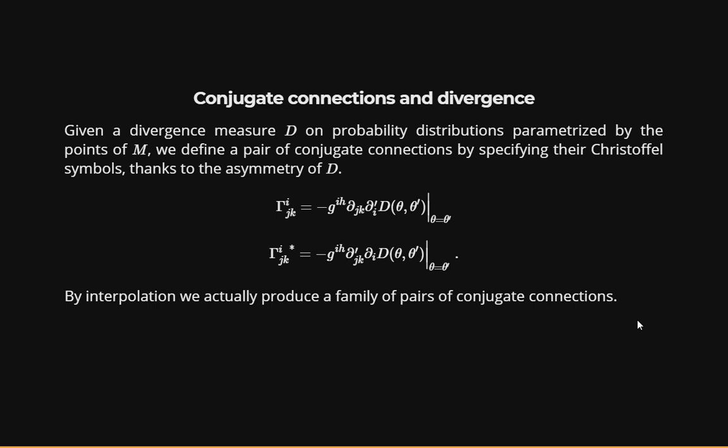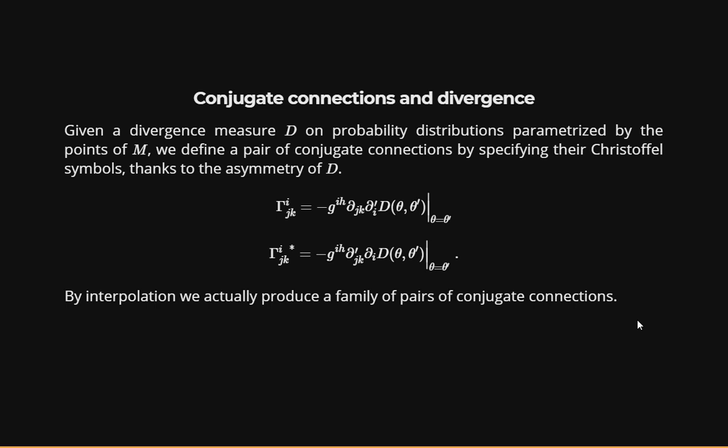Moreover, here we define two connections which are conjugate, but we can interpolate between them, and in the middle, so the mean of these two connections, so one plus the other halves, so you take the covariant derivatives, you say nabla plus nabla star halves, this is the Levi-Civita connection, the Levi-Civita covariant derivative.